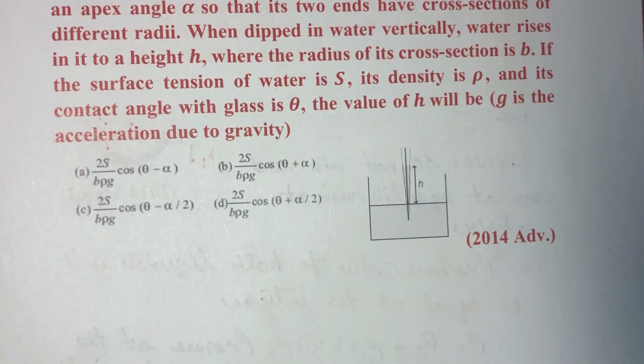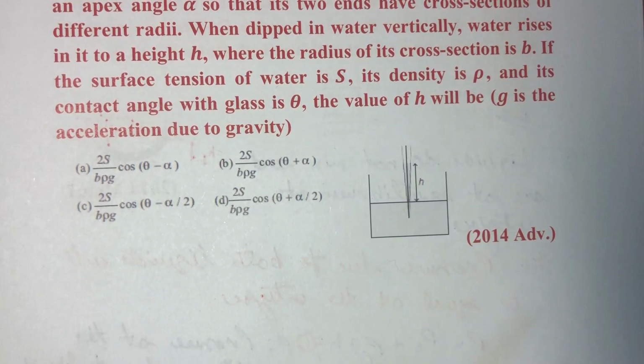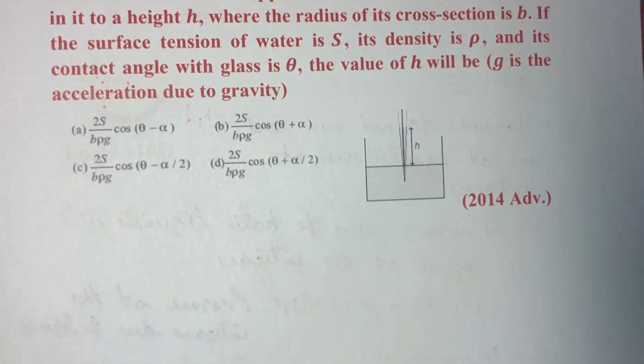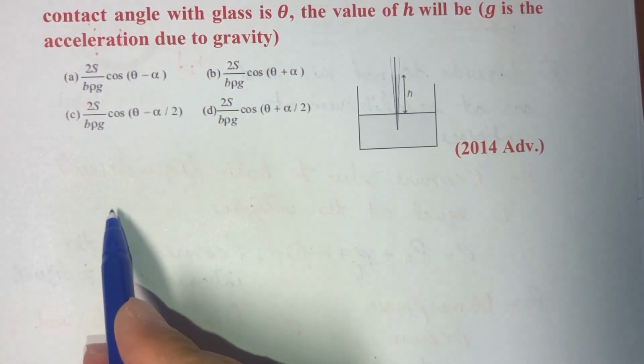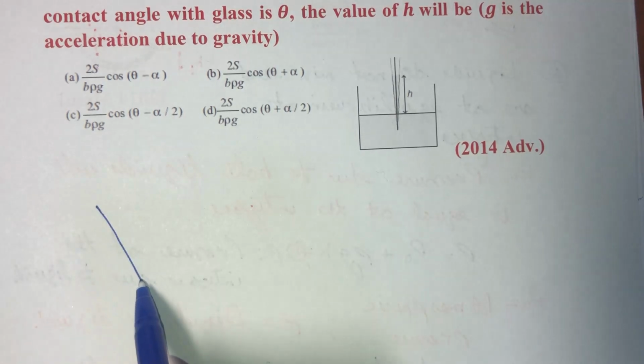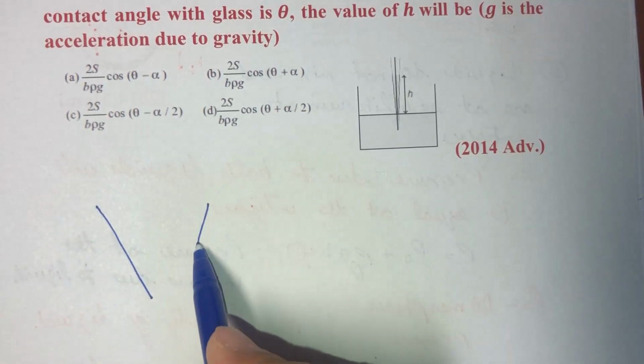So let us draw the diagram in a more elaborated way. This is a truncated cone. It will be something like this.